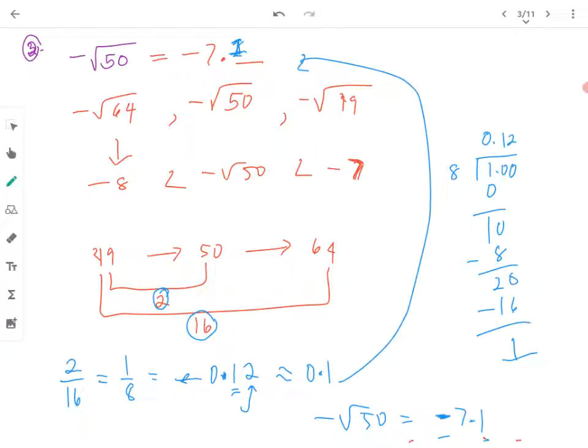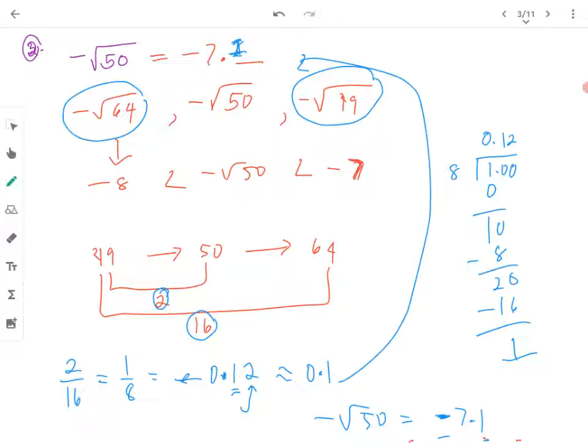In the second example, we have negative square root of 50. Right before negative square root of 50 is negative square root of 64, and right after it is negative square root of 49. So these are the rational numbers between which the given lies. Negative square root of 64 is negative 8, and negative square root of 49 is negative 7.